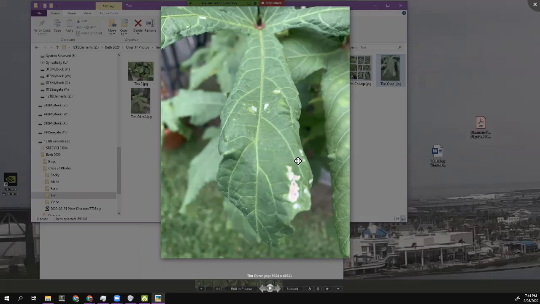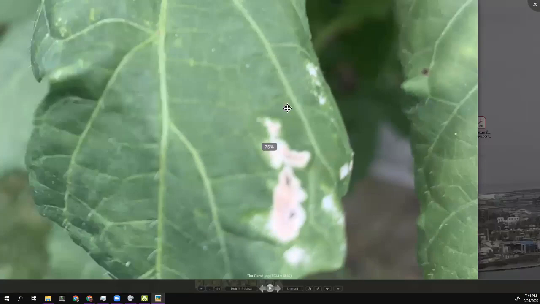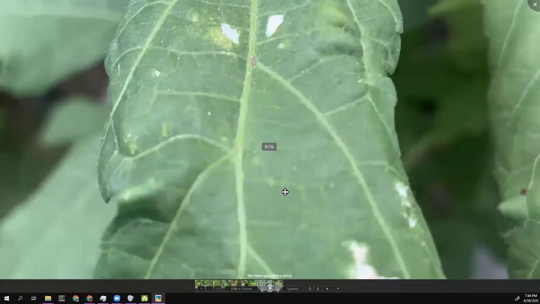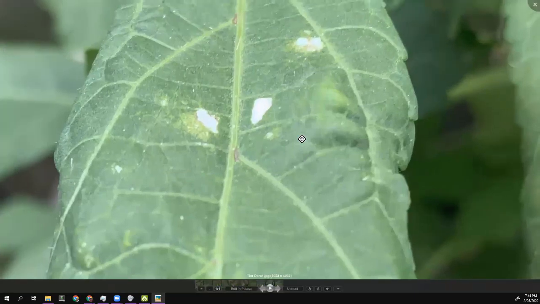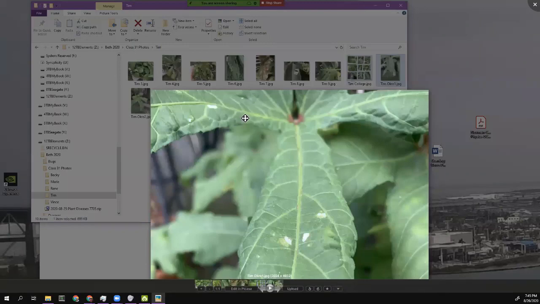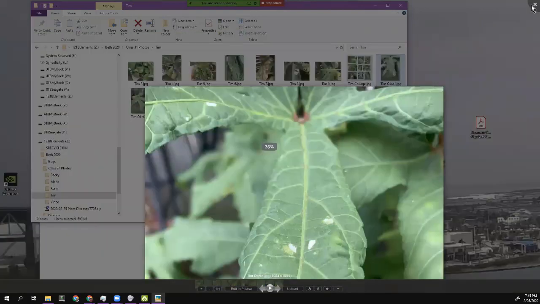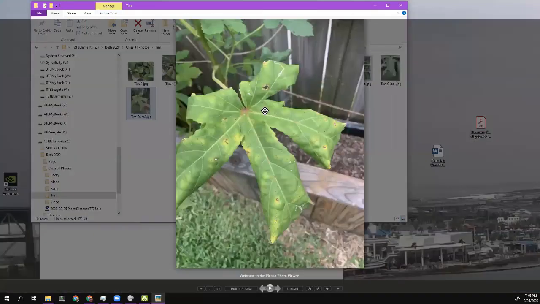This is a little too blurry for me to see when I zoom in. Let me see if I can get it on the other one. But I have a hunch that we are seeing a sign, not a symptom. See if I can get it up here. No, still a little too blurry.